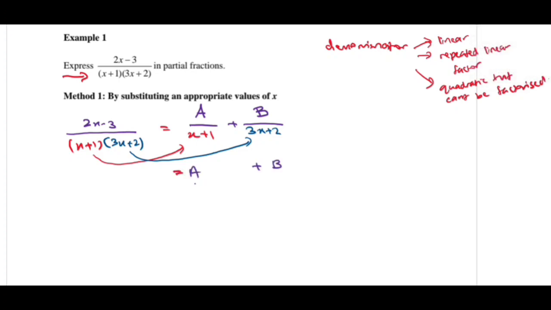Next step, what we want to do here is compare with the left-hand side fraction. And how to compare it with the left-hand side fraction? We need to have the denominators multiplied together.